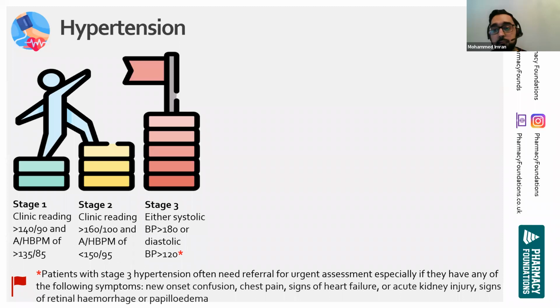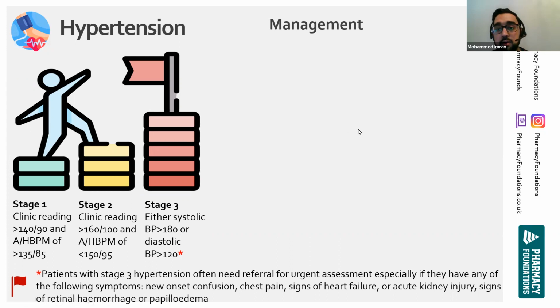or a home/ambulatory blood pressure monitoring average of 150/95. And stage 3, which you might have thought of as or know as hypertensive crisis, that is when there is either a systolic blood pressure of greater than 180 or diastolic of greater than 120.